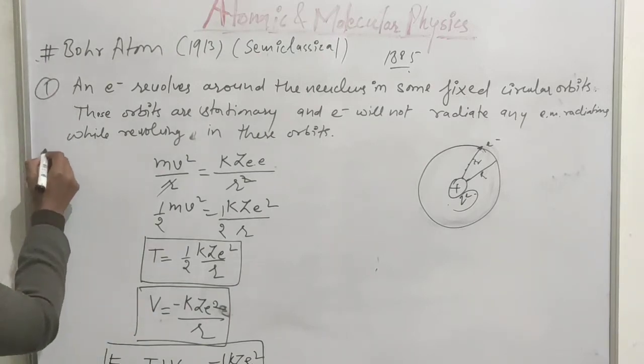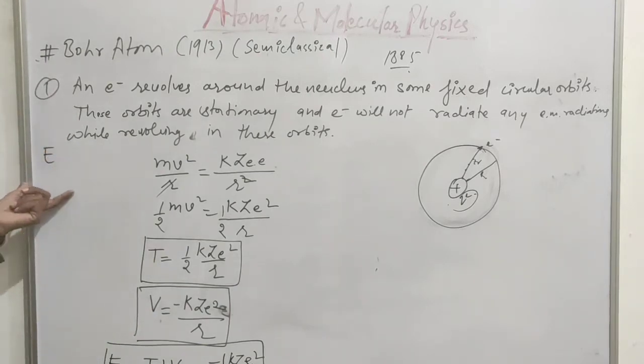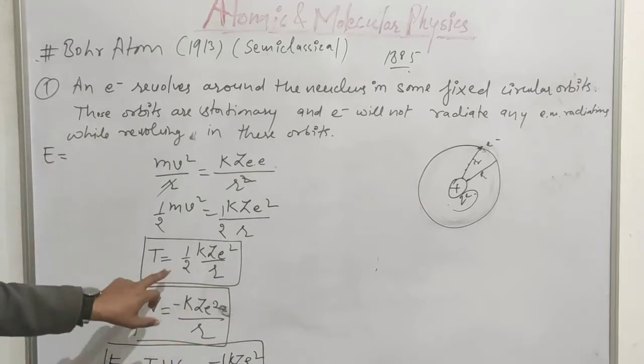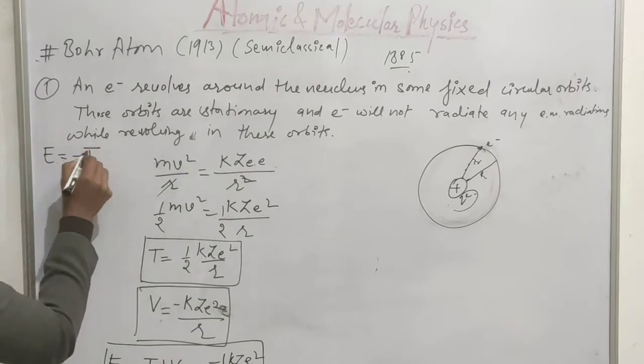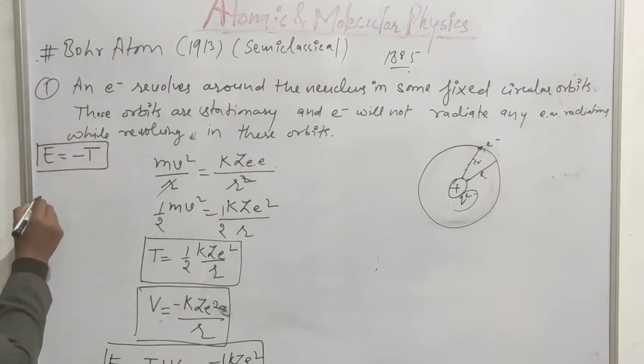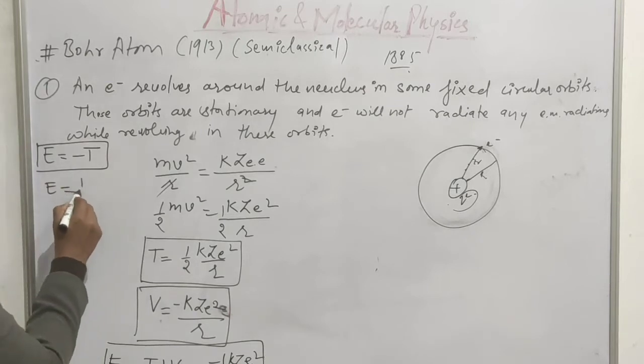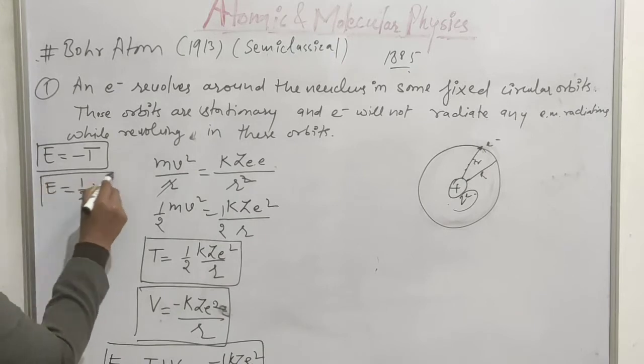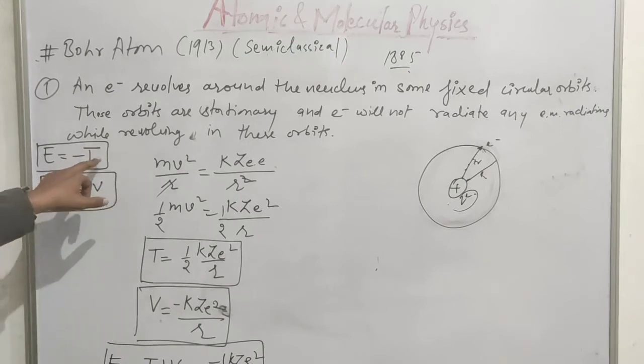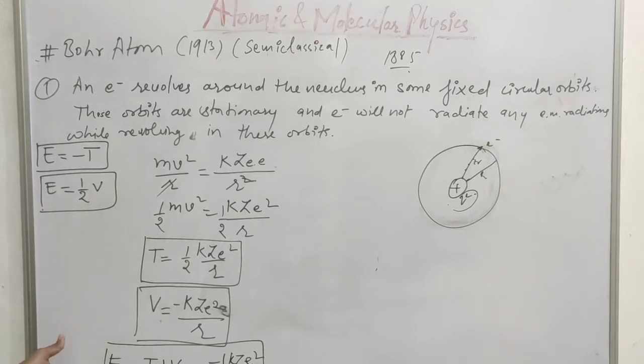So we can also write that the total energy is equal to the negative of kinetic energy, and the total energy is equal to half of the potential energy. So this is the relation between kinetic energy and total energy, and potential energy and total energy. In this manner we can find the energy of an electron revolving in a circular orbit.